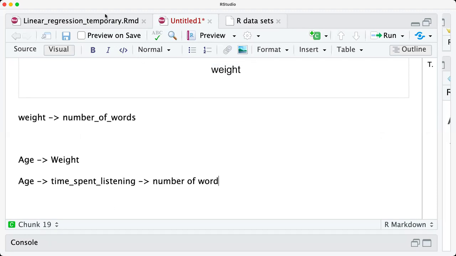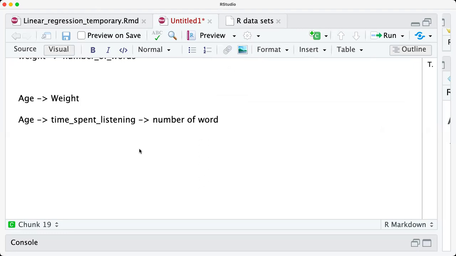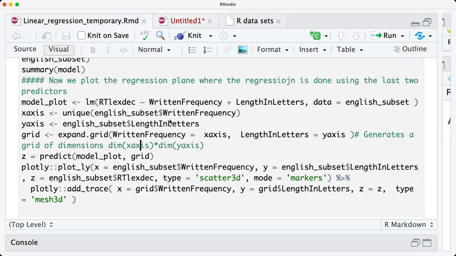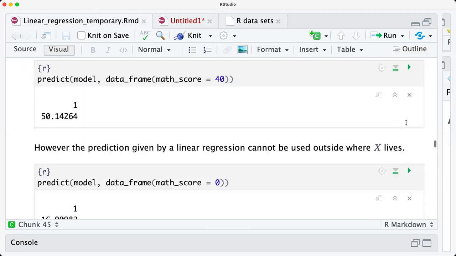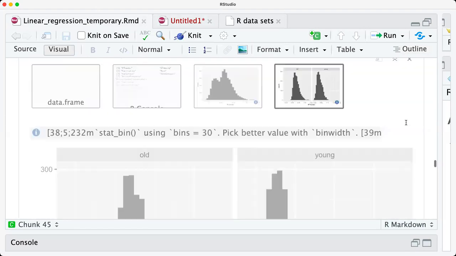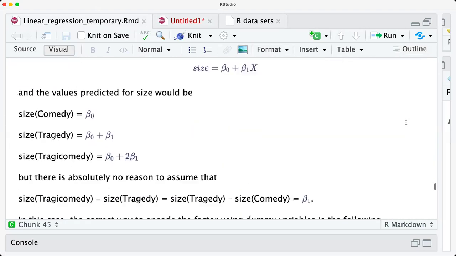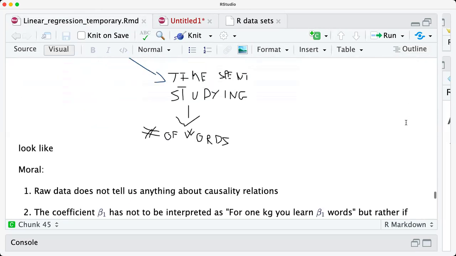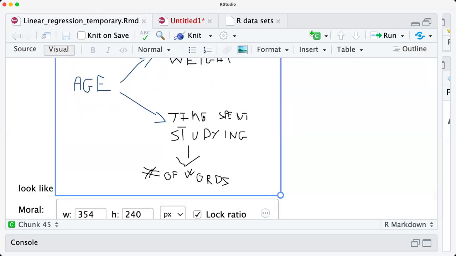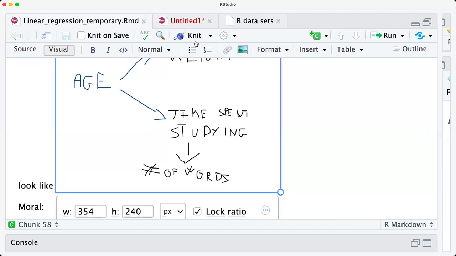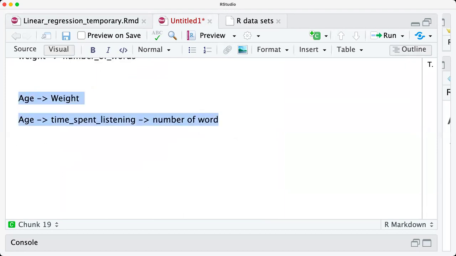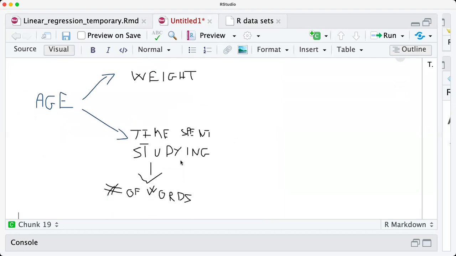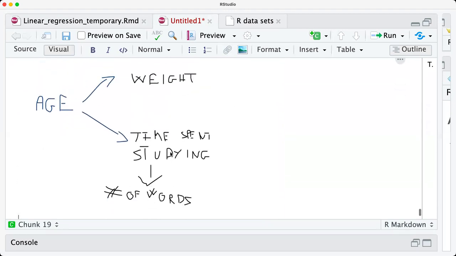Probably I have a better picture here. I don't know if it is better or not, but as a diagram, it's better. You can see, this is called a causal diagram.